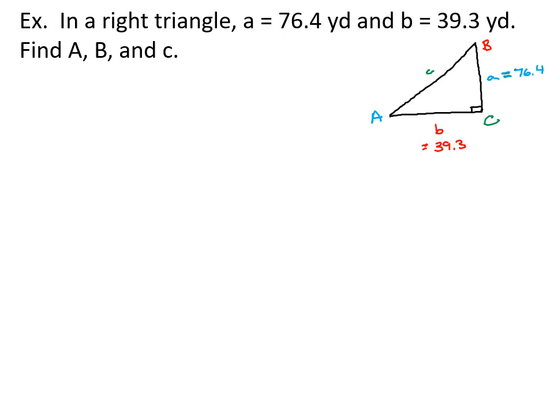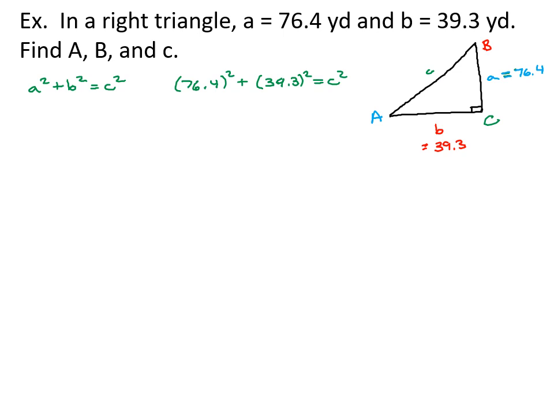So the easy thing to find here in this case is actually side C, because I can do the Pythagorean theorem. If you know two sides of a triangle, you can do the third by the Pythagorean theorem. So I'm going to do that: a squared plus b squared equals c squared. And say this is 76.4 squared plus 39.3 squared equals c squared.